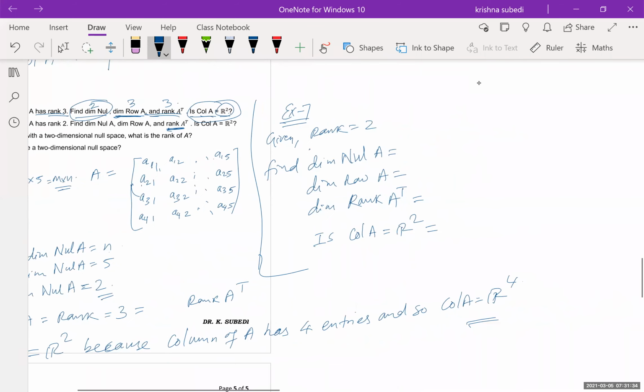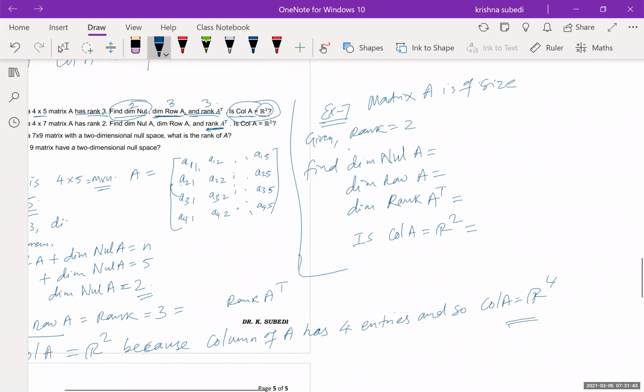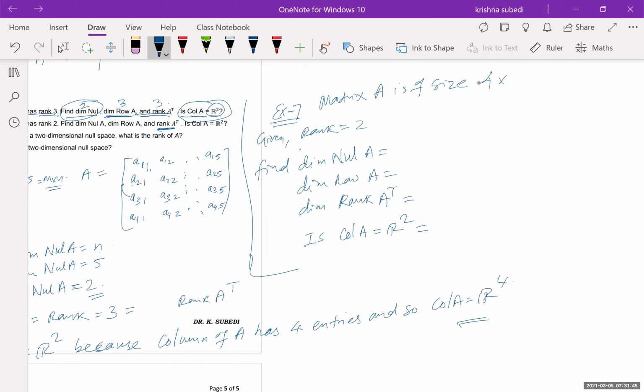All right, so the matrix A is given. Matrix A is of size 4 by 7, so that means n equals 7 is given.